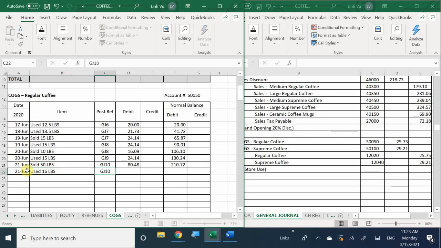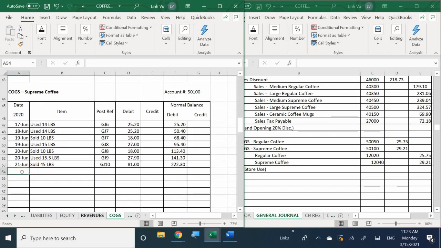General journal number 10. And it was for $25.75. So therefore, what is my account balance? $36.47. Good.